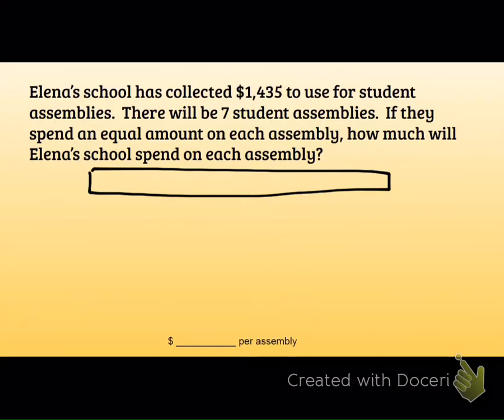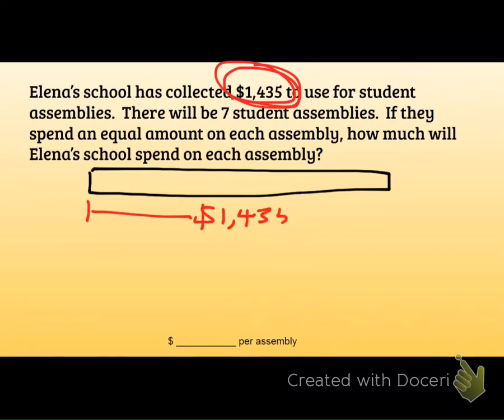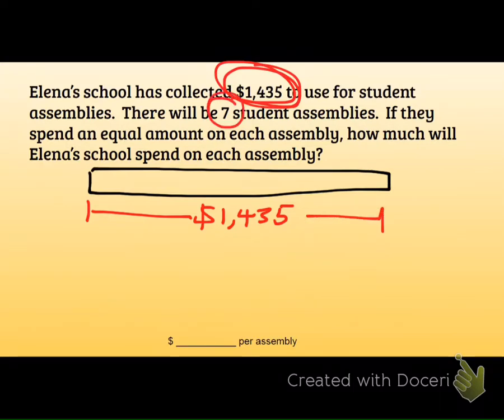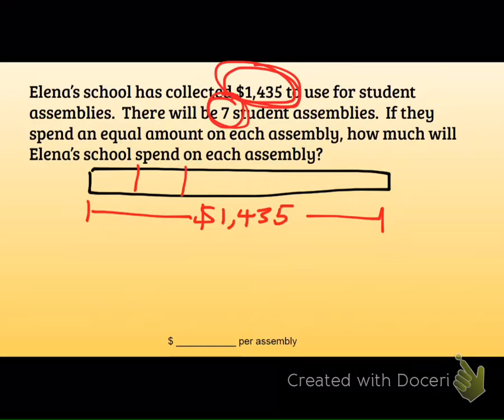If we use a tape diagram, we know this is the amount of money. So this tape diagram represents the $1,435 the school has. And then there are going to be 7 assemblies. So we need to take this tape diagram and split it into 7 pieces. See if I can do that. 2, 3, 4, 5, 6, and 7.